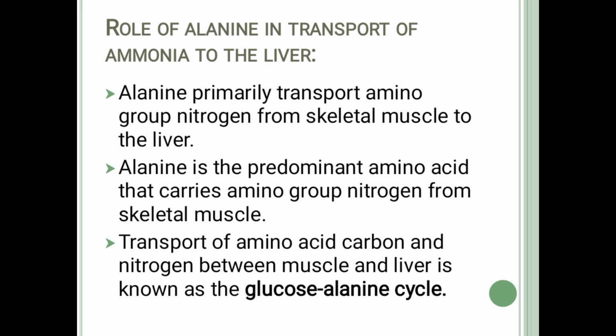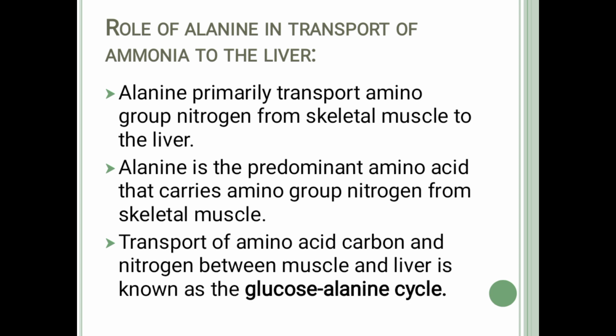So alanine and glutamine are transported out of the skeletal muscle, so that the liver takes them up and breaks them down, releases the amino group nitrogen and converts that into urea.